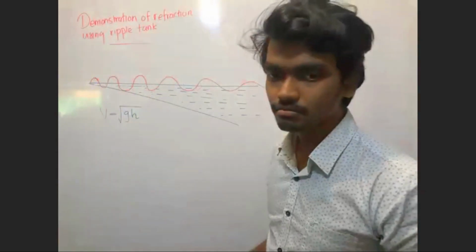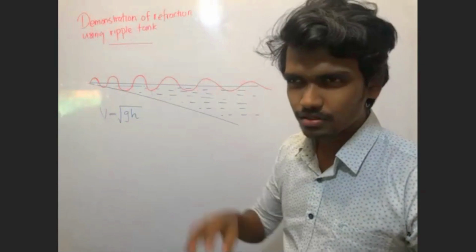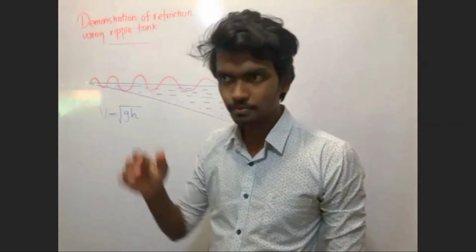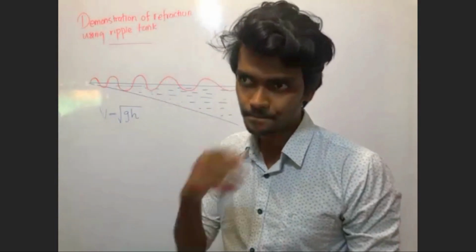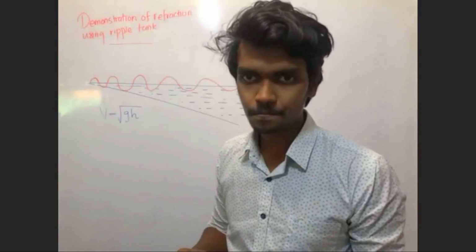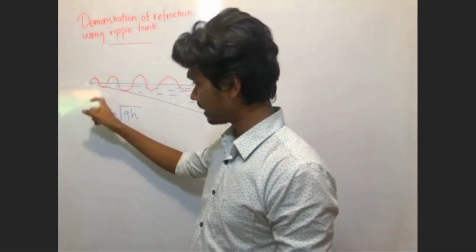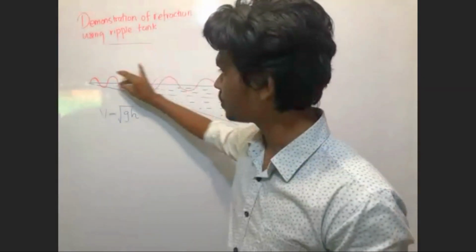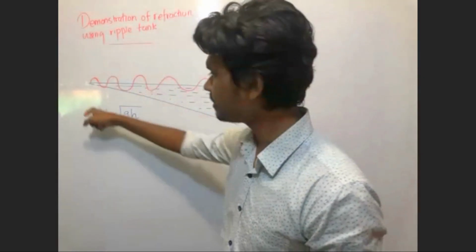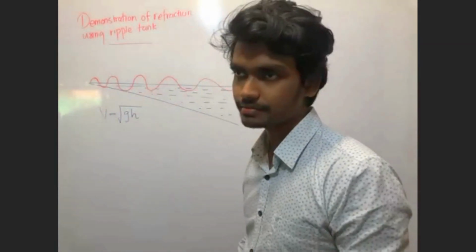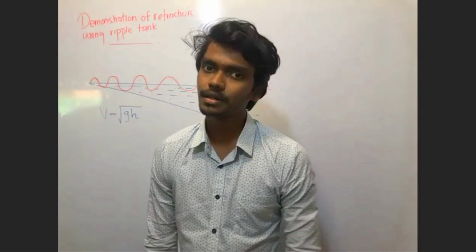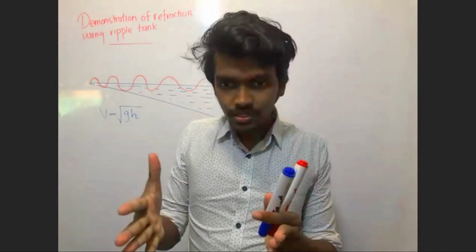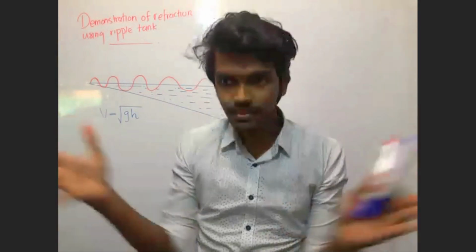When it reaches the shore, the velocity of the waves decreases, because the height decreases. As a result, velocity decreases. As a result, what should happen? The wavelength should decrease.